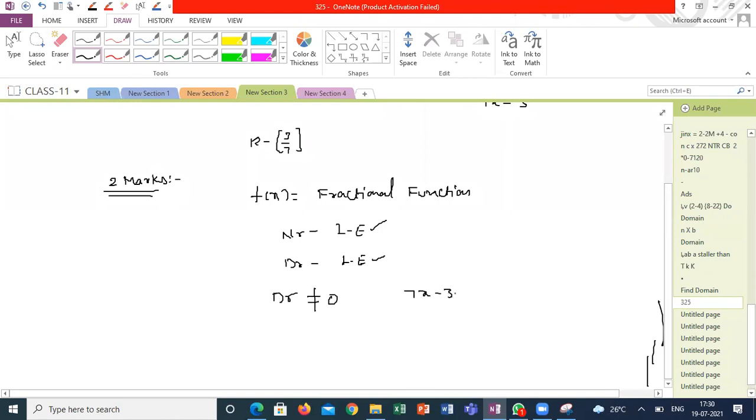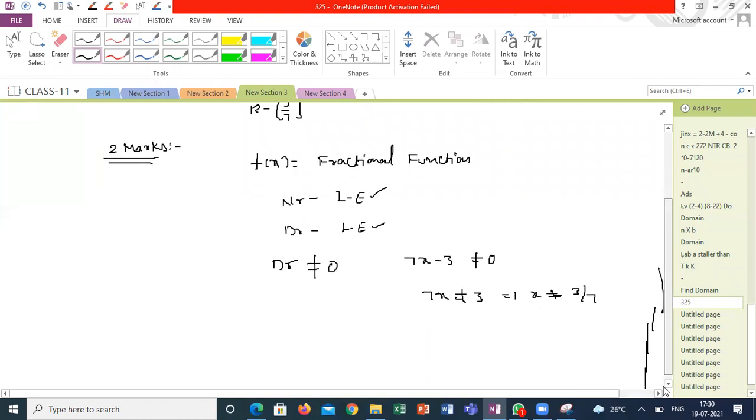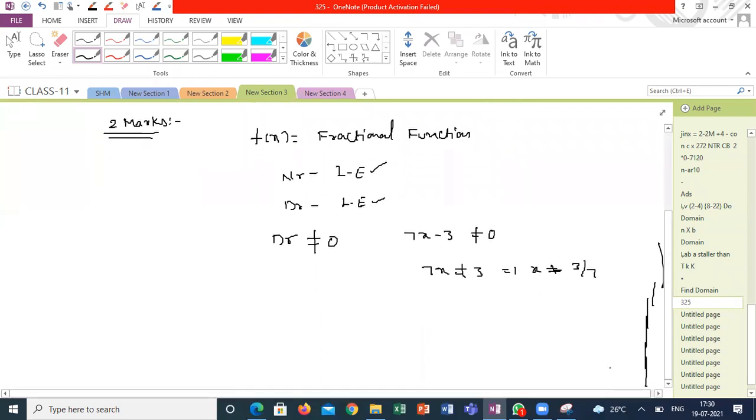So 7x minus 3 should not equal 0, and any other values are possible for x. So 7x can't be 3, so x can't be 3 by 7. So except 3 by 7, any x value you can substitute because the numerator doesn't have any restrictions here, only the denominator. So R minus {3 by 7}.